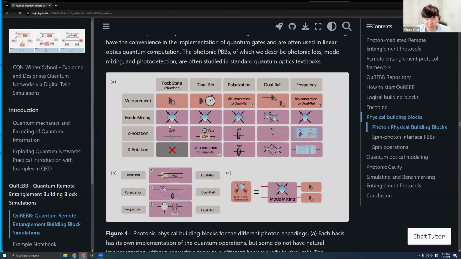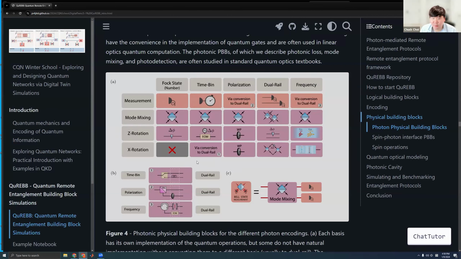You can also have a mode mixing operation with just a beam splitter. You can do the Z rotation of the states by just having a wave plate, because the 0 photon state does not experience the phase rotation, while the phase plate will give a rotation on the single photon state.